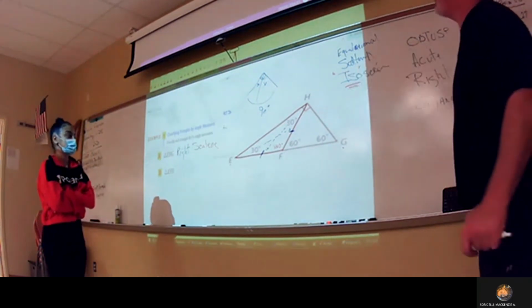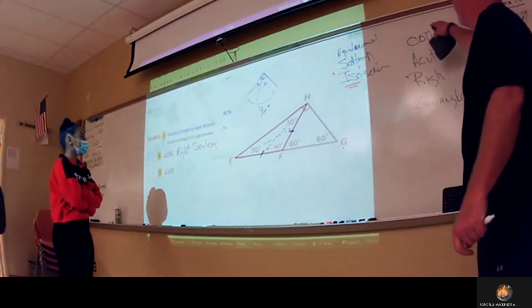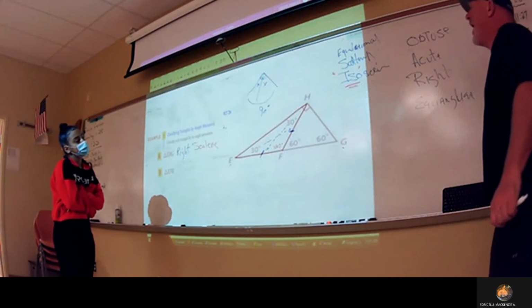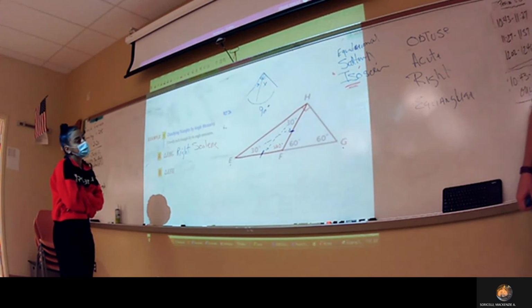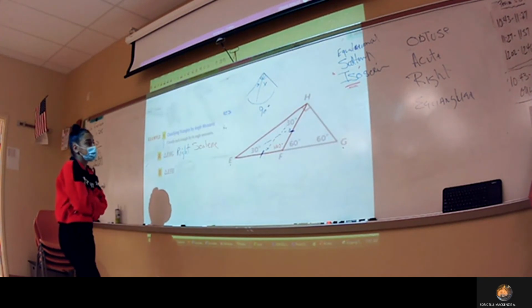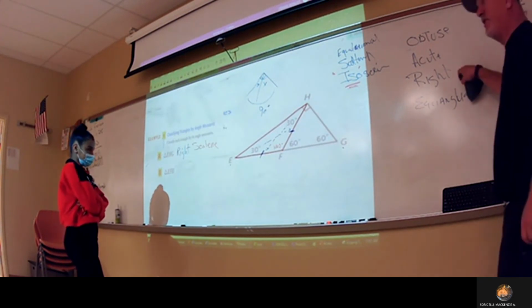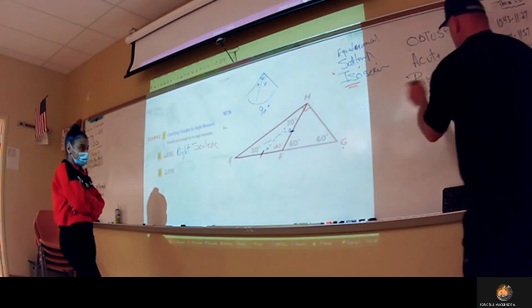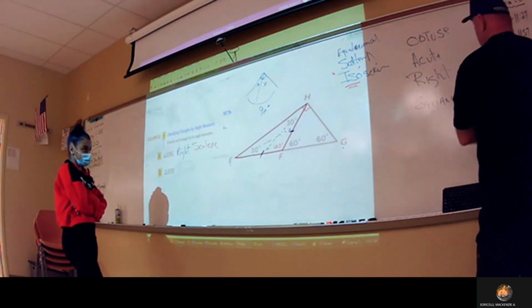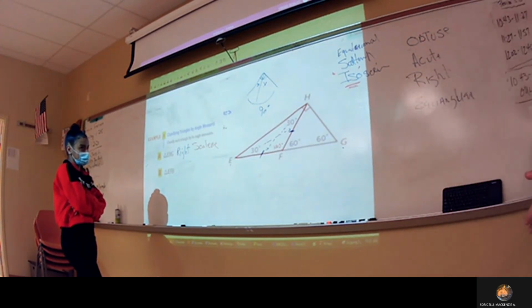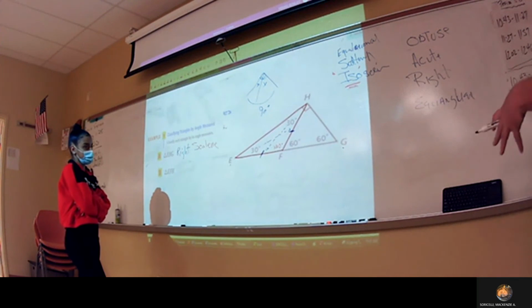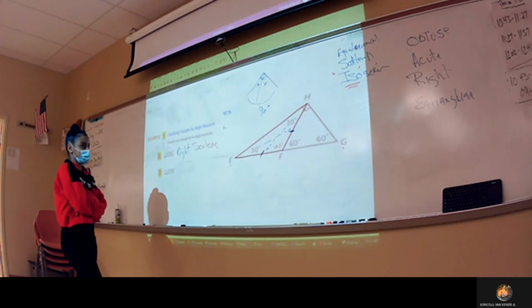So this triangle that we're dealing with right now, how would you classify that as far as angles go? It's not right because it doesn't have a 90-degree angle. It's not equal, our angles are not equal. So you got two choices, obtuse or acute. Acute like a baby turtle cute, or obtuse.